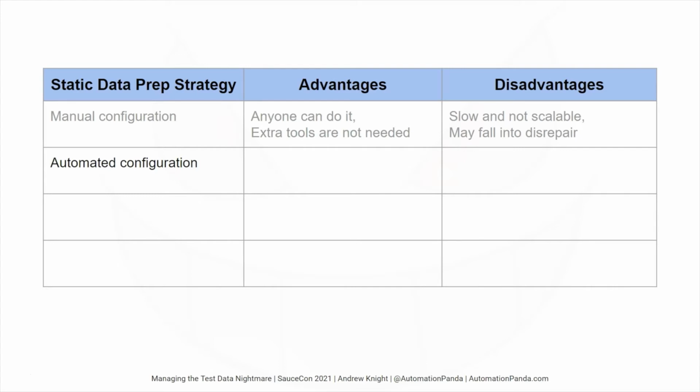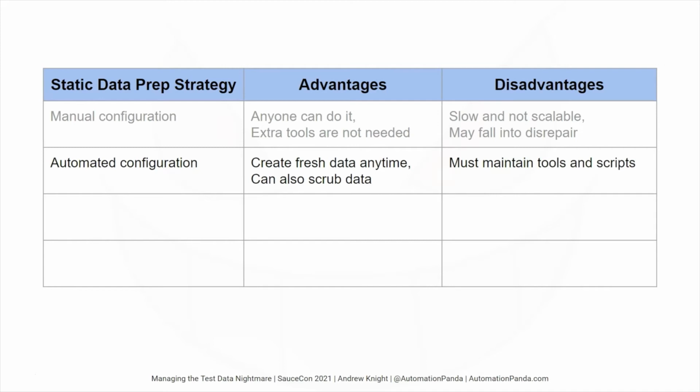Automation could generate test data deterministically or randomly. The main benefit of automation is the ability to create fresh data at any time. Automation can also clean data, like scrubbing private fields or updating time-sensitive values. Unfortunately, automated configuration is not a free lunch. It requires extra skills and code must be maintained.